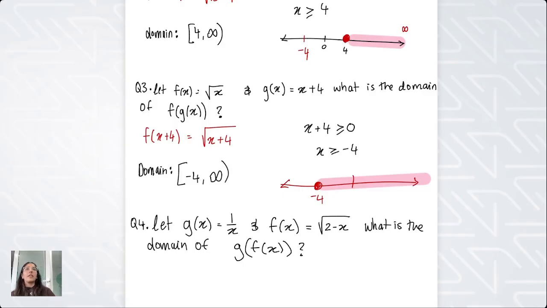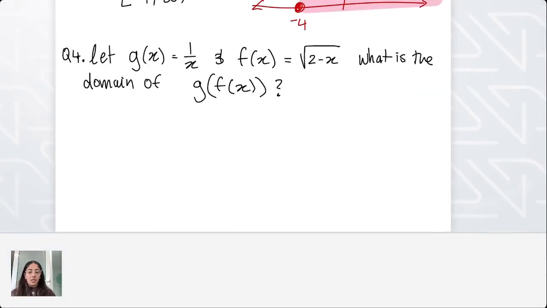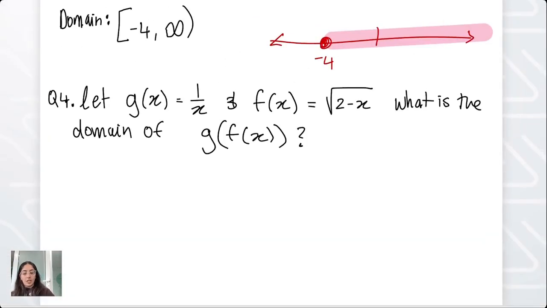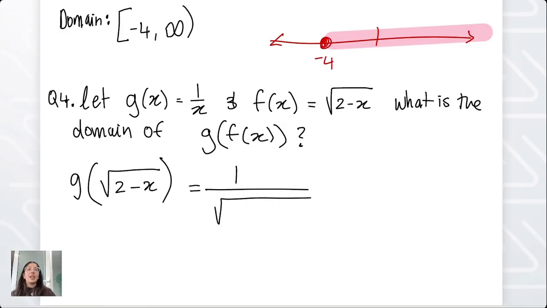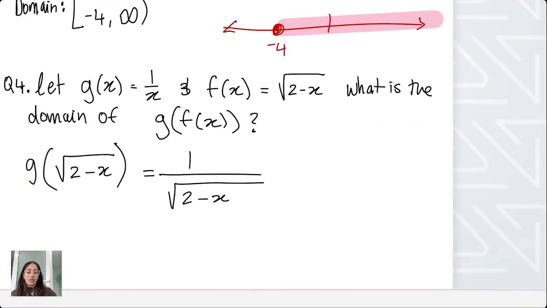Yeah? And then the very last one, let g of x equal that and f of x equal that. What is g of f of x? So this time, g of square root of 2 minus x equals 1 over the square root of 2 minus x. This one has a little bit of a trick to it, okay? And here's the trick.